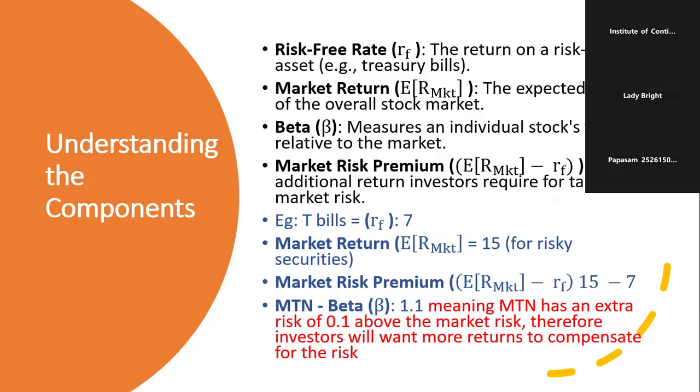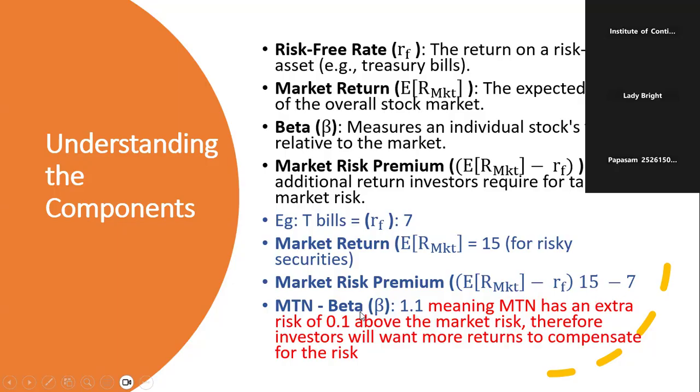That 15% is made up of the risk-free rate plus an excess for bearing risks. So if you want to find the premium, what the market is giving you for that extra risk, it will be the market expected return minus the risk-free rate, 15 minus 7.